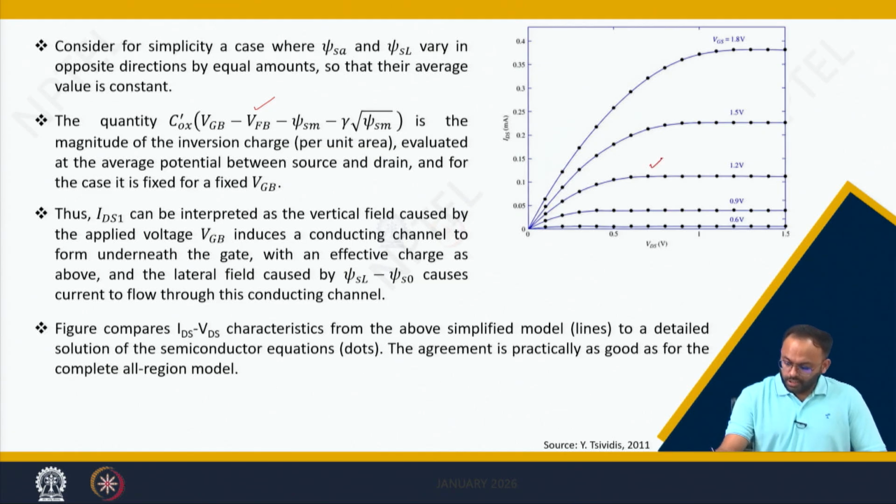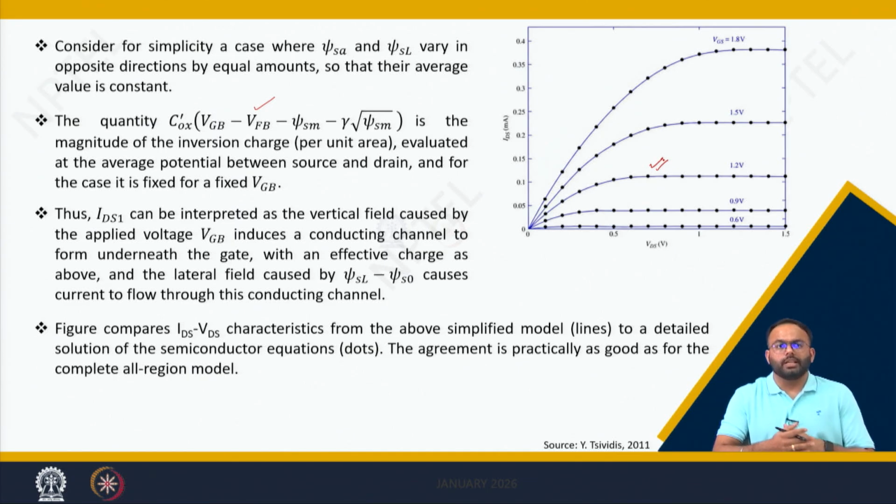This is a figure which is plotted between all region model and the model which we just linearized using body reference configuration, and we found that the figure is exactly matching, and hence we can say that the approximation we followed for body reference model is good enough.